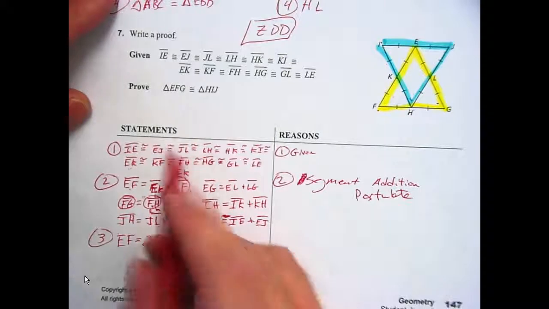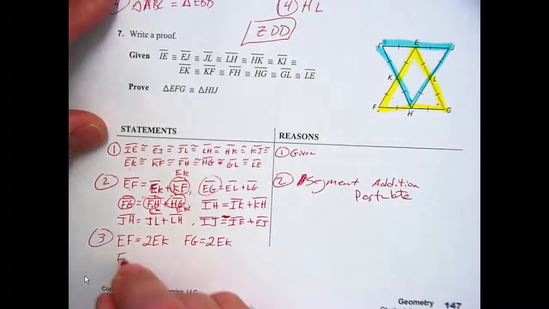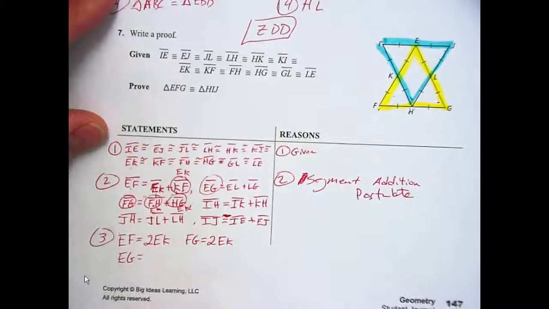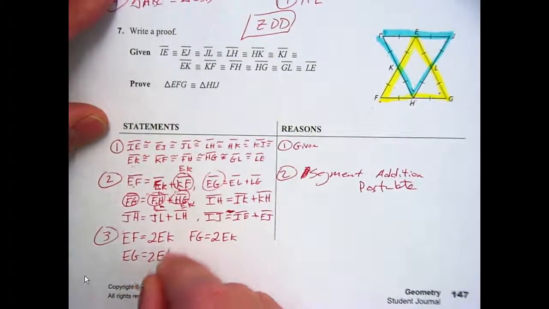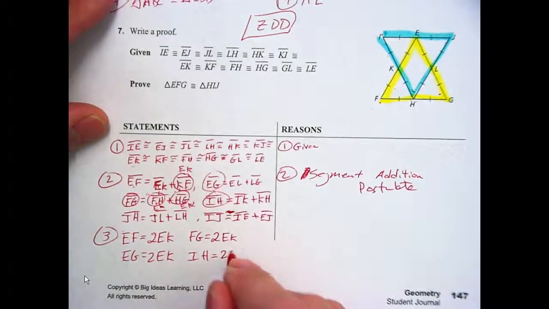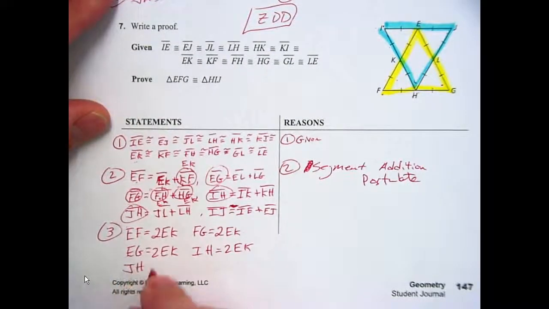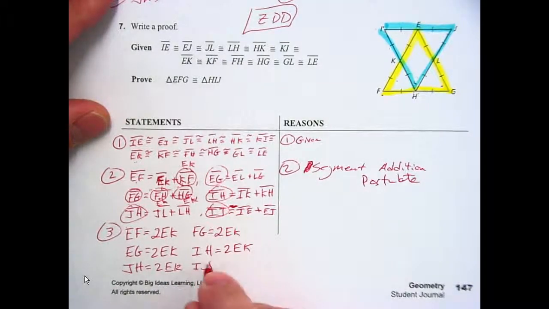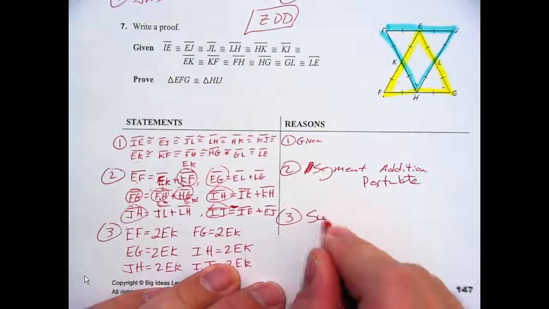I could say EG is equal to what? Yeah, it's equal to 2 EK. So if I say that for all of those, IH is equal to 2 EK, JH is equal to 2 EK, and IJ is equal to 2 EK. The statement behind that is I'm just using substitution. Just substituting the values in there.